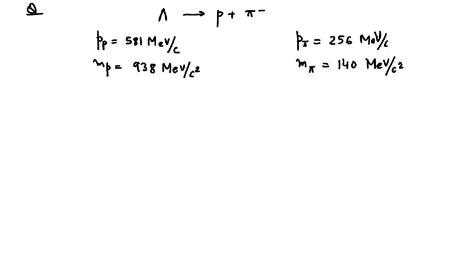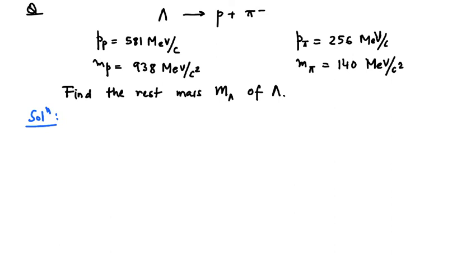The question is to find the rest mass of this subatomic particle. Since we know the relation E squared equals (pc) squared plus (mc squared) squared, using this equation we get the energy of the proton as 1103 mega electron volt and the energy of the pion as 292 mega electron volt.